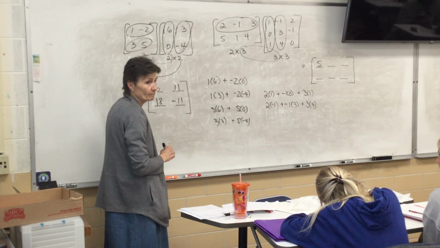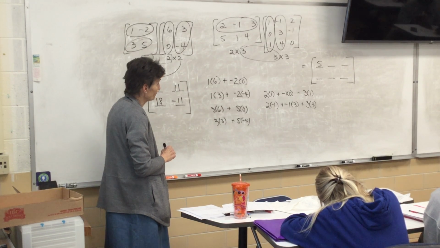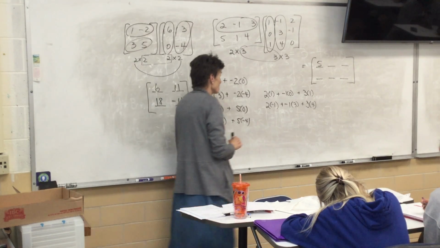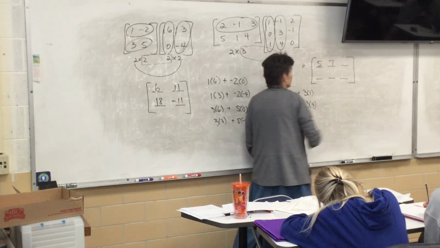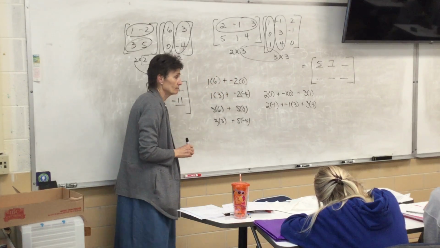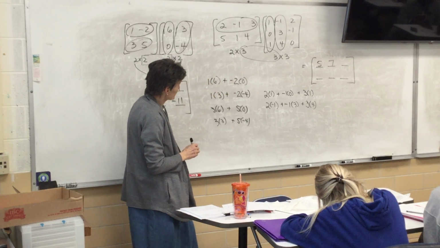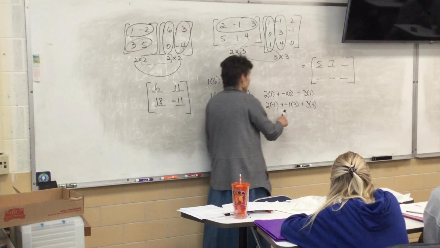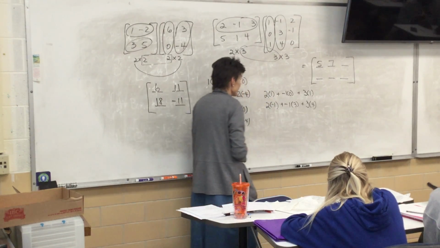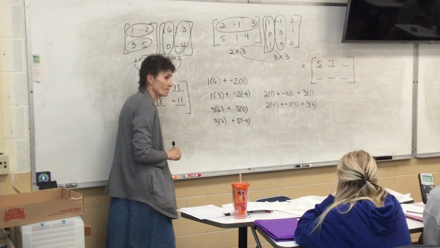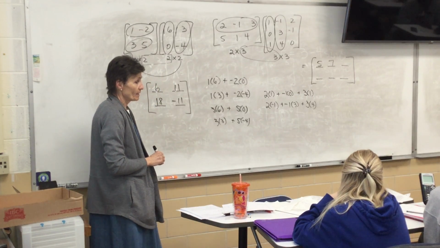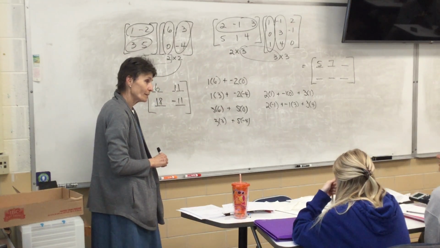So what do we get? Row 1, column 2. 7? It's -2 and -3. That's -5 and 12 would be 7. I don't know what you typed in. You're probably better off just doing it.